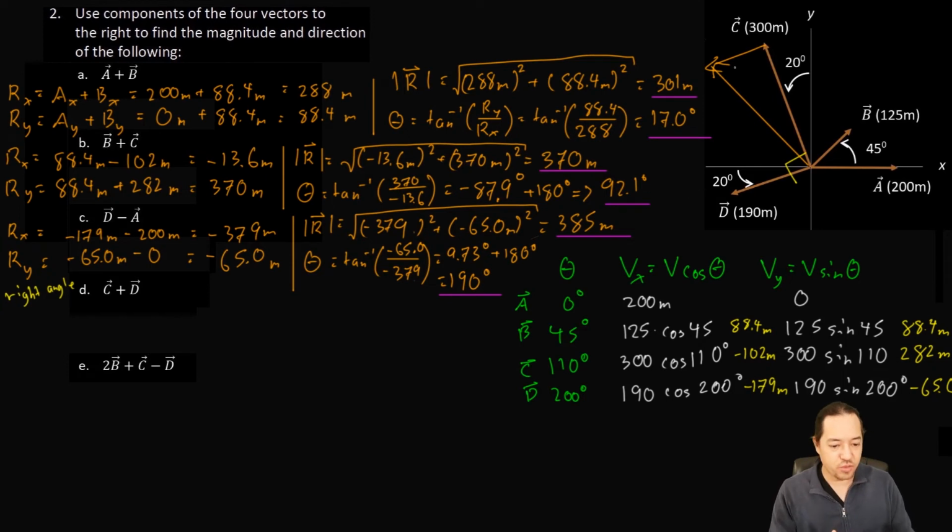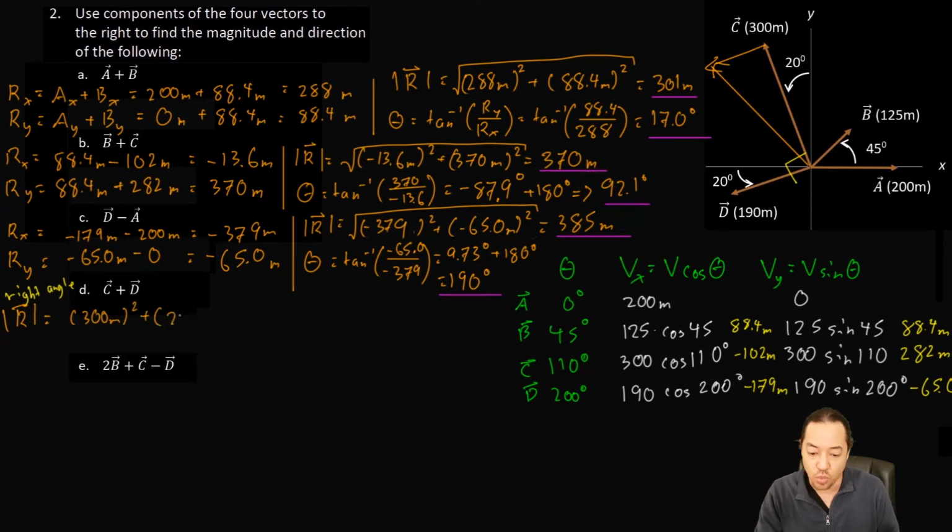We can use Pythagoras to calculate the magnitude here. It's just going to be a right triangle with two sides, and the resultant is the hypotenuse. So instead of finding x and y components, we can just compute the magnitude directly, right? The magnitude of that resultant vector is going to be equal to 300 meters squared plus 190 meters squared, and then take the square root of that.